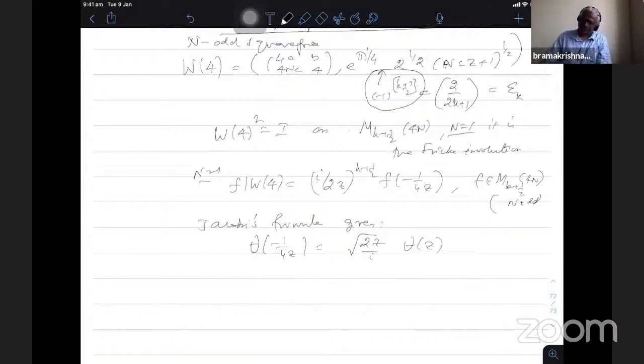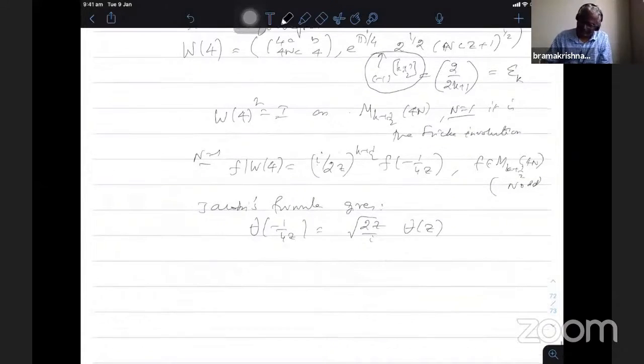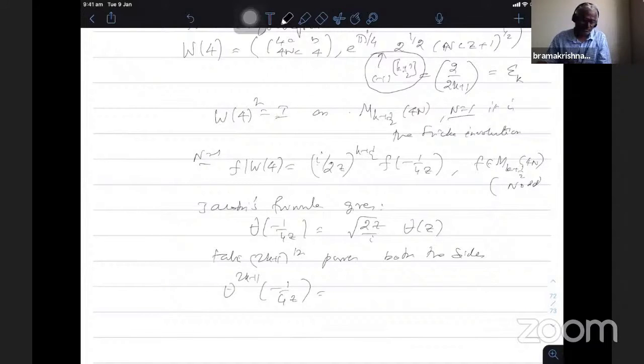Okay, so therefore taking the 2k plus 1 power both the sides, theta power 2k plus 1 of minus 1 by 4z is (2z/i) power k plus half theta power 2k plus 1 of z.